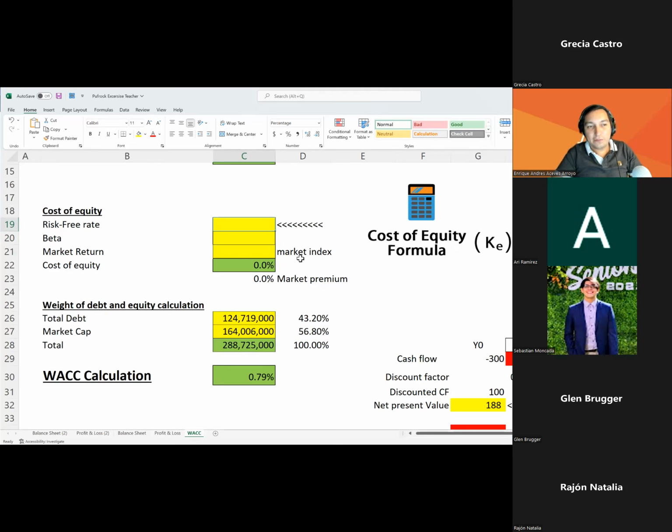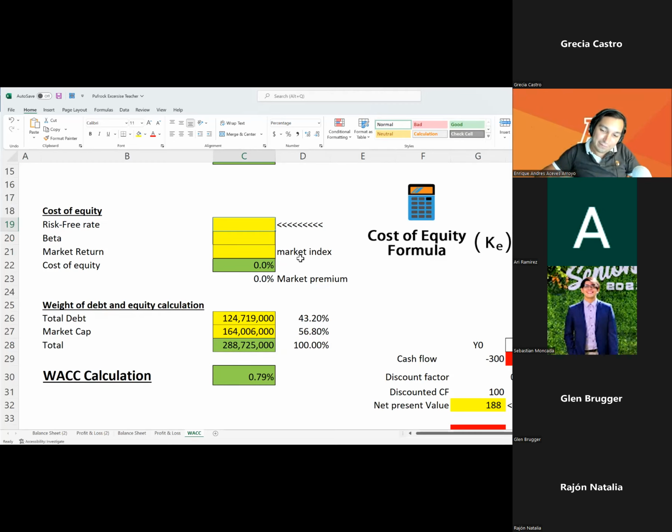What is the risk-free rate? We need to find it in the NYU or something like that. Yes, no. The risk-free rate, what is the risk-free rate, guys? What is the instrument?